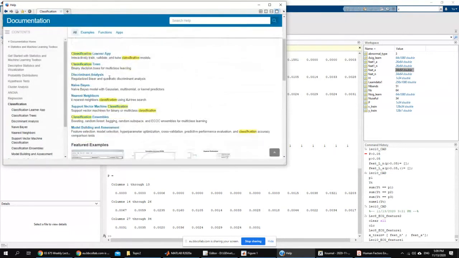There are so many different classification techniques: classification trees, discriminant analysis, naive Bayes, nearest neighbors. Nearest neighbors is the one that we want, k nearest neighbor. Let's look at that.